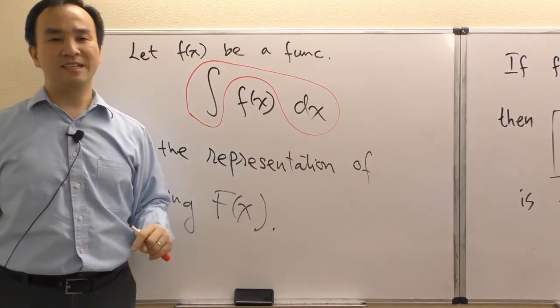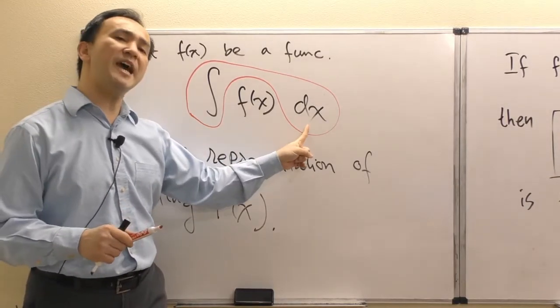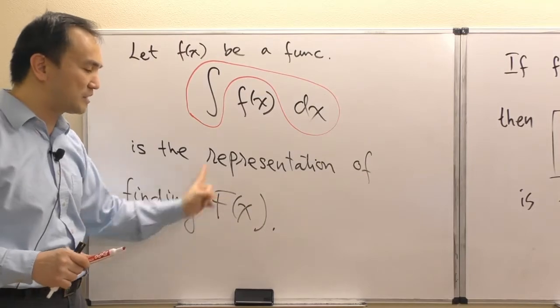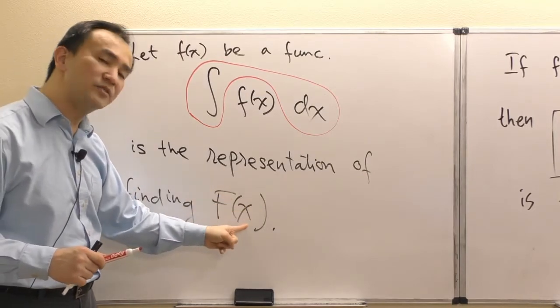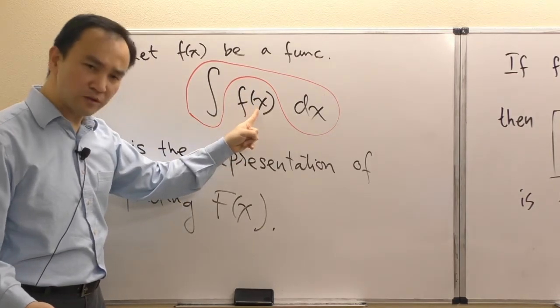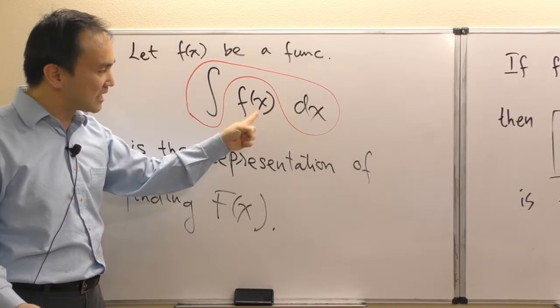Let me explain a little further. The reason I use the dx here is that it's an indication that your final antiderivative is in terms of the x variable. Your function in the beginning was in terms of x, so I also want to take the antiderivative with respect to the x variable.